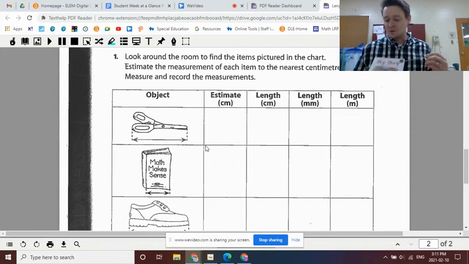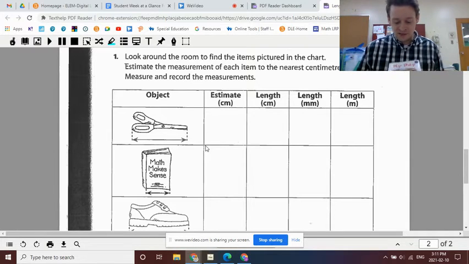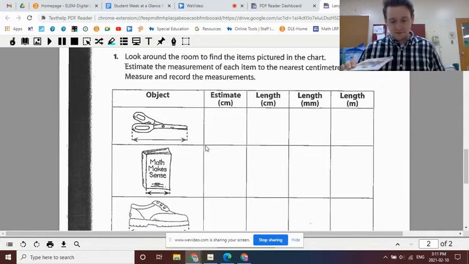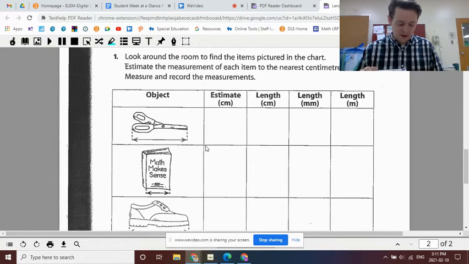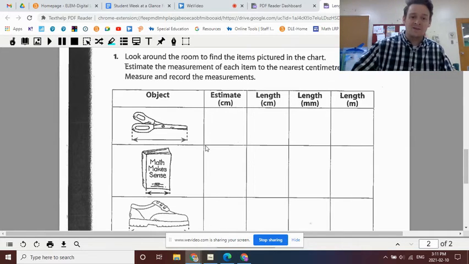I'm going to use this one, and I'm going to estimate first. The length of this book, I think, is going to be 12 centimeters. Let's check it out. I'm pretty close. Line up the 0 at the beginning of the book, and I'm getting just a little over 14 and a half.